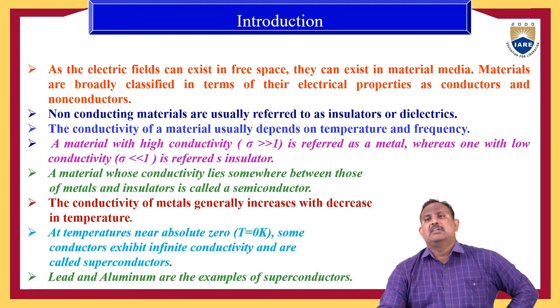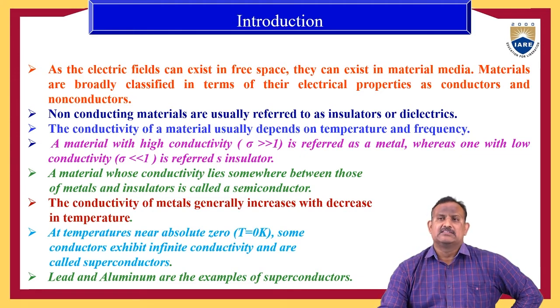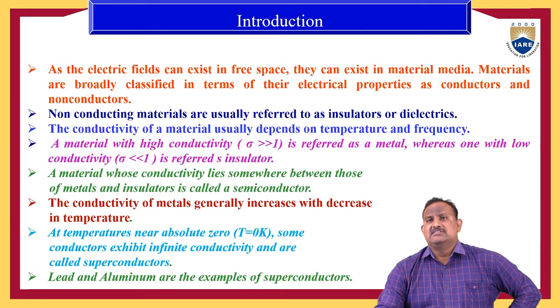Lead and aluminum are examples of superconductors. So these are the different classifications of materials: conductors, insulators, semiconductors and superconductors. All conductivity generally depends upon temperature and frequency.